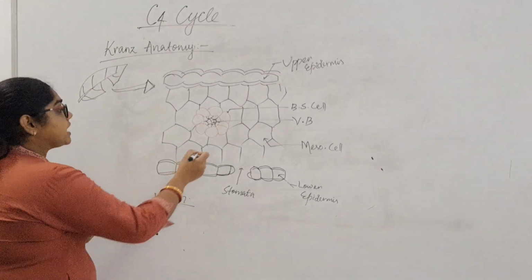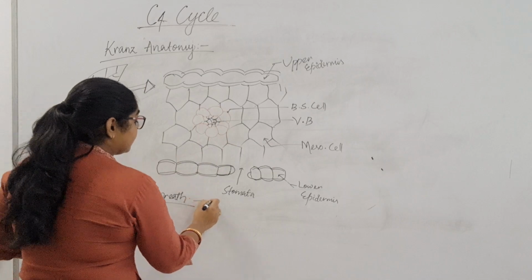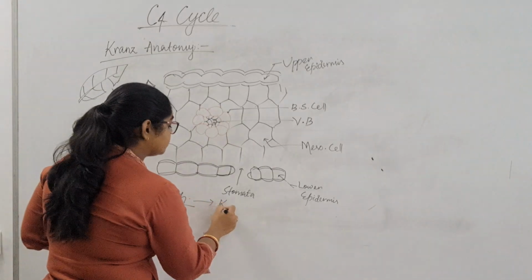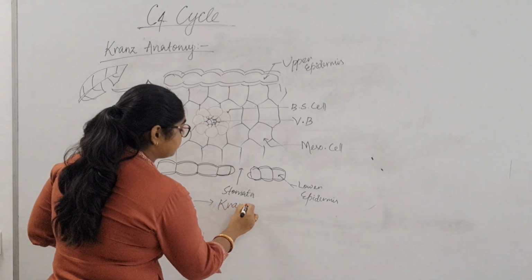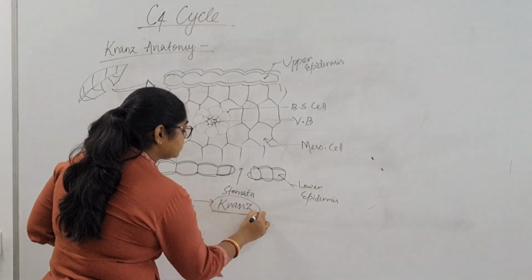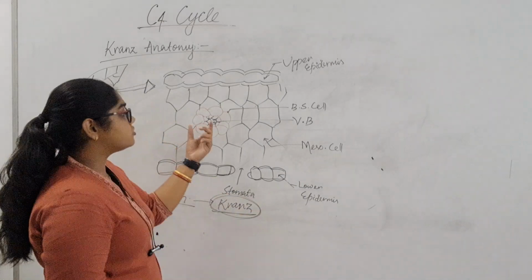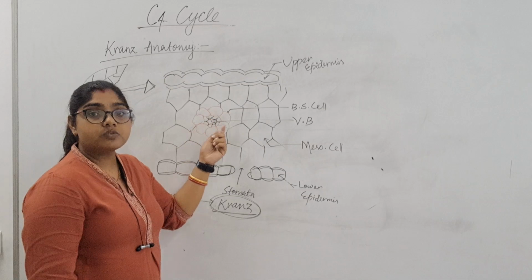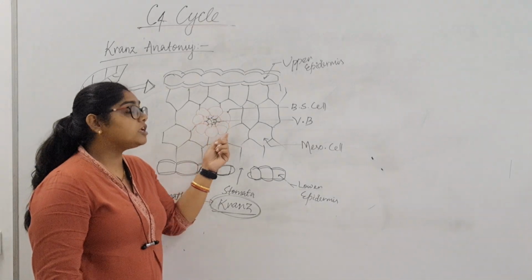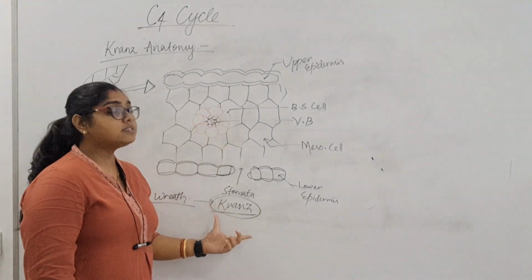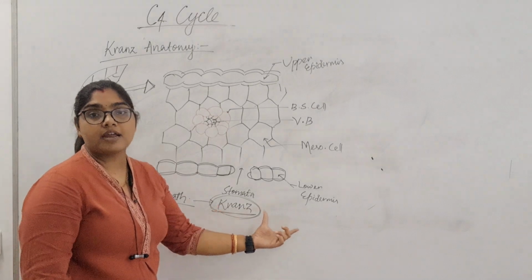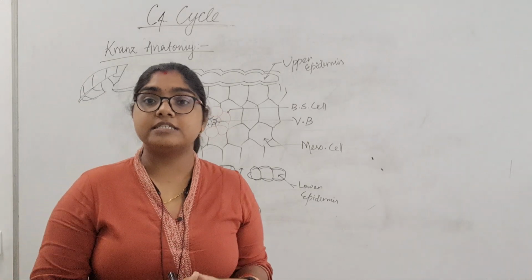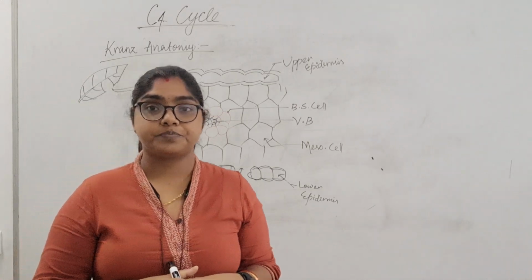So here it looks like a wreath, and in the German language this wreath is called kranz. So from the structure of the bundle sheath cells surrounding the vascular bundle, it looks like a ring of cells. That's what is known as kranz anatomy. And kranz anatomy is the special characteristic of the C4 plant.